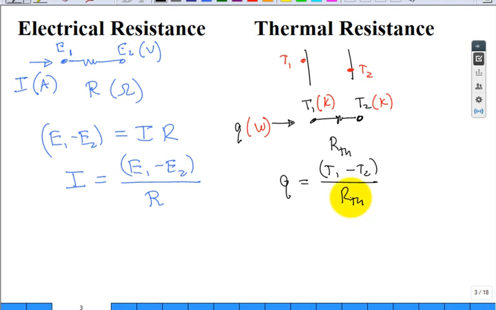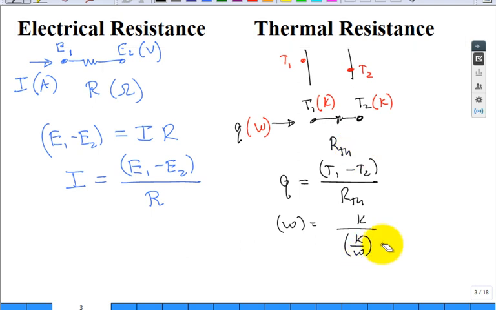Hey, can you tell me what are the SI units for R thermal without doing any more work? What do the units need to be? Yeah, and so you could see that if you want this back to be watts, right? And this is the temperature difference, maybe Kelvin, then I have to have Kelvin over watt for the units to work. So that's a funny unit that resistance has, Kelvin over watt.